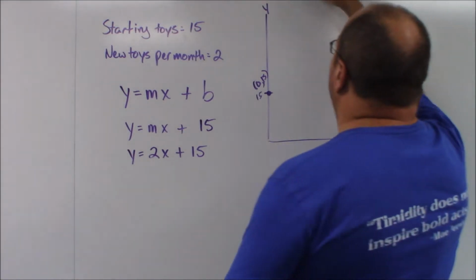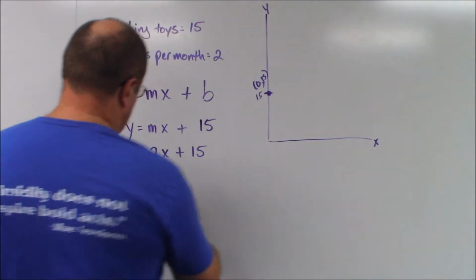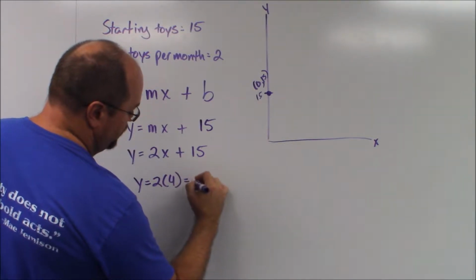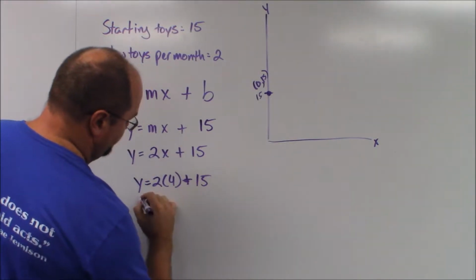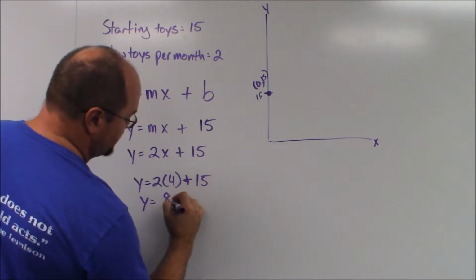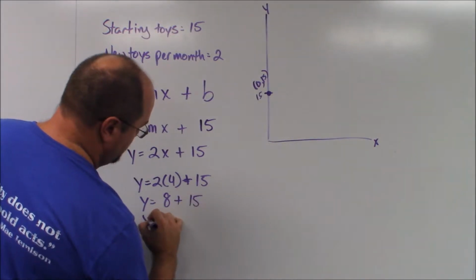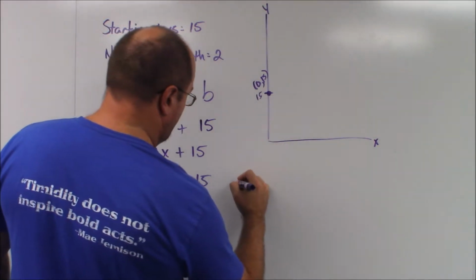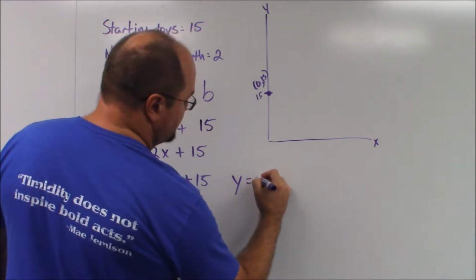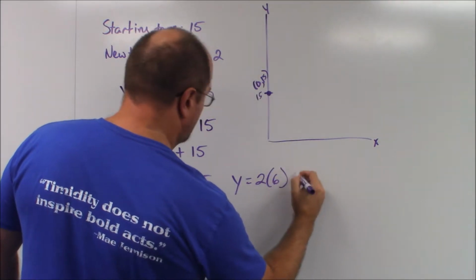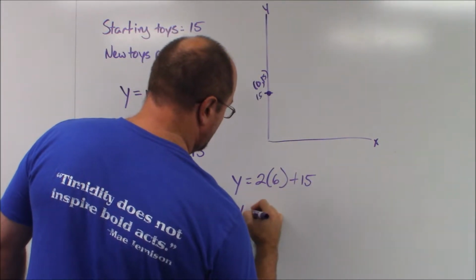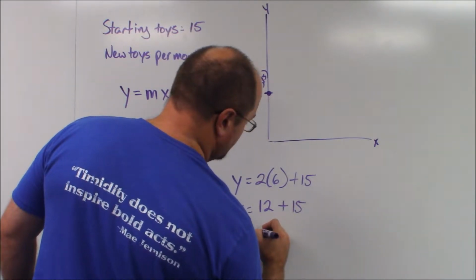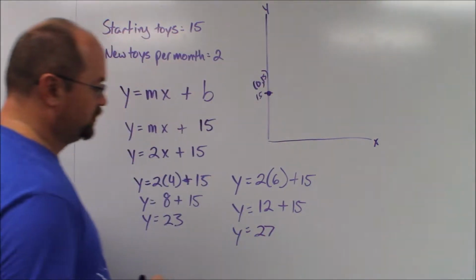So if x is 4, then we get y equals 23. And then if x is 6, then y is going to be 27.